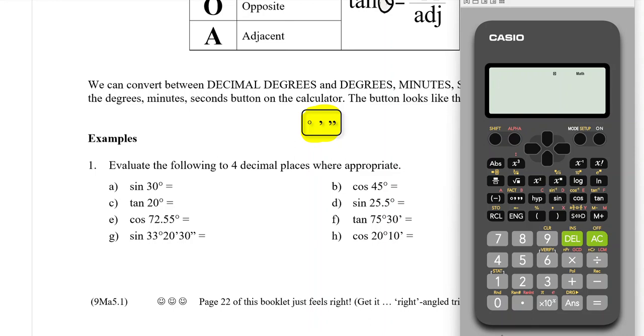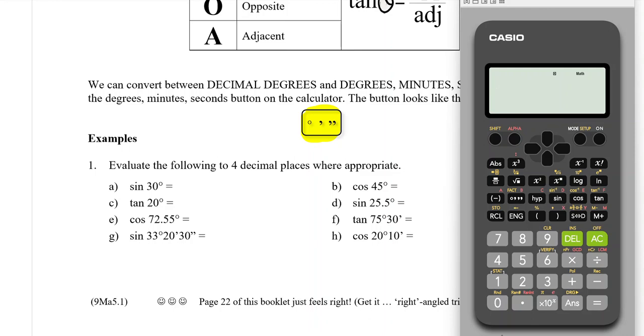When you do the topic again in Year 10, we'll use more of these other units. The next one stands for minutes, just like time, because they work in lots of 60. So degrees, minutes, and the last one is seconds, just like that, because they work in lots of 60. So for some of the more unusual ones, we have to push that button to enter them.